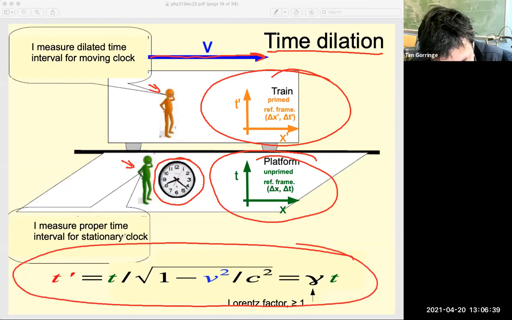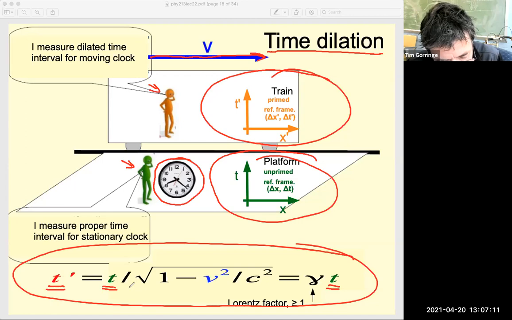The observer on the platform looking at the platform clock sees the correct time, what we call the proper time. That's the t here, and it's the t here on the right-hand side of the equation. The observer on the train that's seeing a moving clock sees a dilated time, and that's the t prime here, the orange t. And those two times are related by this formula.